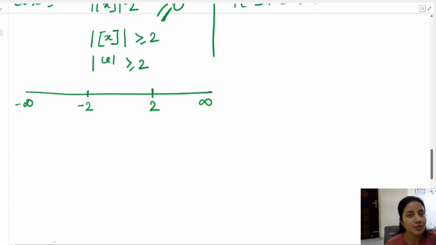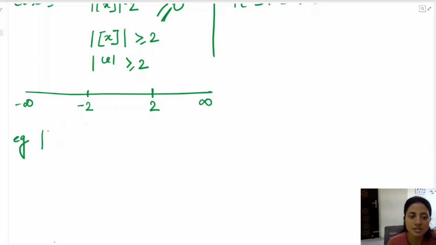So let's take a few examples to check with numbers. For example, if I am taking minus 2, mod is there, greatest integer function is involved, the greatest integer function will give just minus 2 and mod will make it positive. So this is satisfying our inequality.